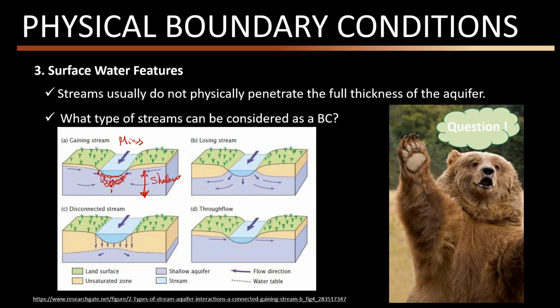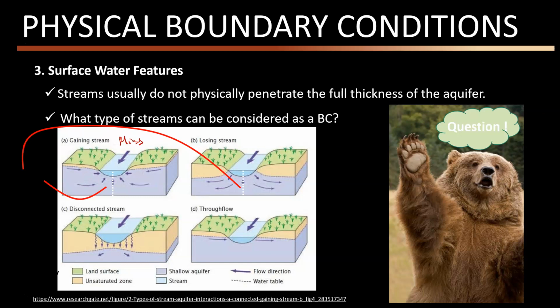But in many cases we can assume that the system is well connected, and in this case we usually consider a no flow boundary condition at the middle of the river. What does it mean?